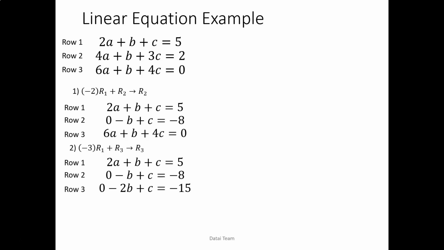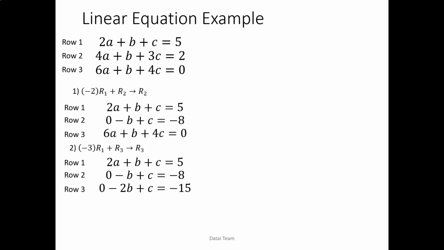And to do that, we do -3 row 1 plus row 3 is equal to row 3. So we get 2a plus b plus c is equal to 5. Row 1 stays the same. Row 2 stays the same. 0 minus b plus c is equal to -8.